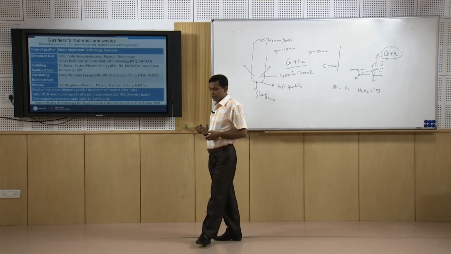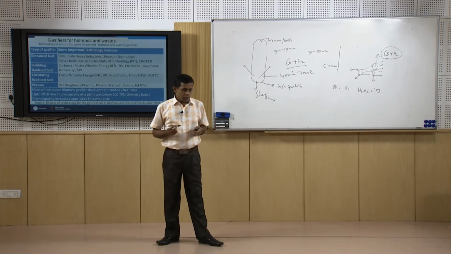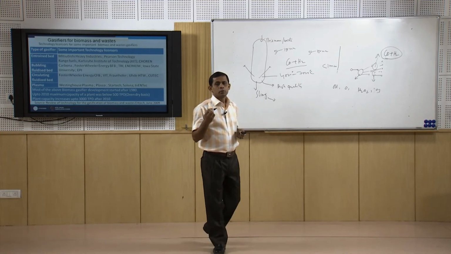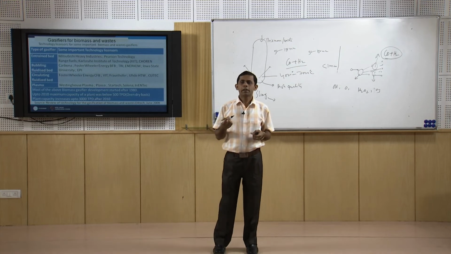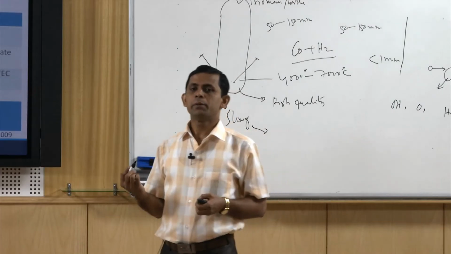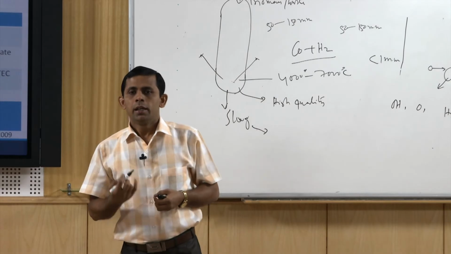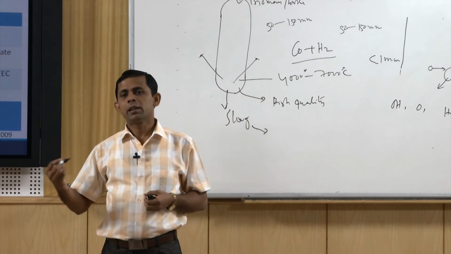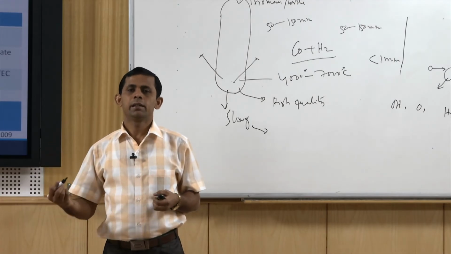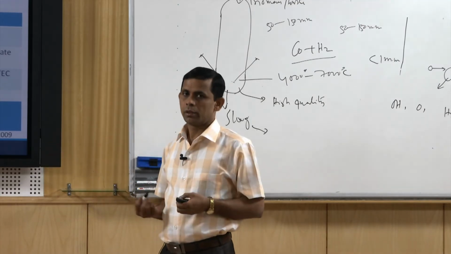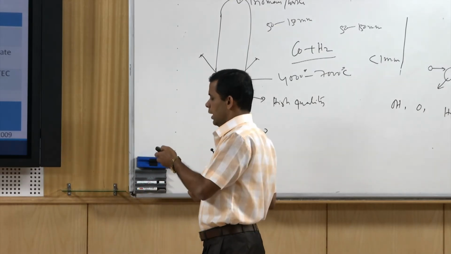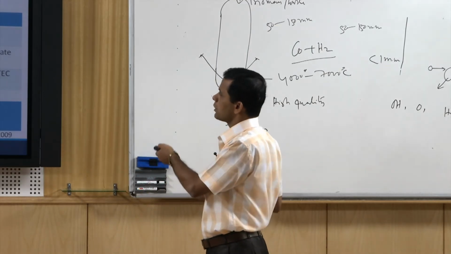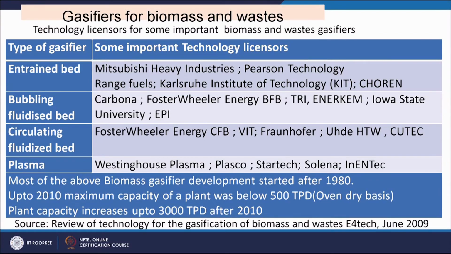Now, we will see some technology licensors. Actually, coal gasifiers were developed and licensed by many technology licensors. Later on, the concept of biomass and waste gasification came, and some other companies worked on it and licensed their technologies. So, here some important technology licensors are tabulated for entrained bed, bubbling fluidized bed, circulating fluidized bed and plasma gasifiers.